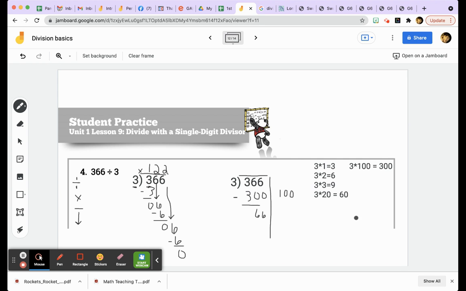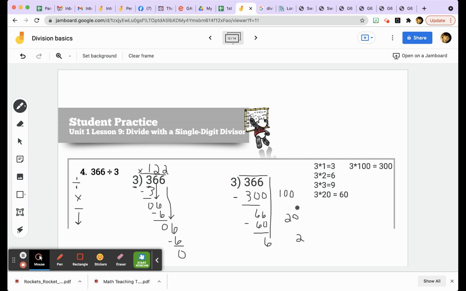So I'm going to look at my toolkit again. I want to find a product as close to 66 as I can get without going over. And I have 3 times 20. So I'm going to put 20 as a partial product. And 3 times 20 is 60. I'm going to subtract, and I have a remainder of 6. 3 will go into 6 2 times.